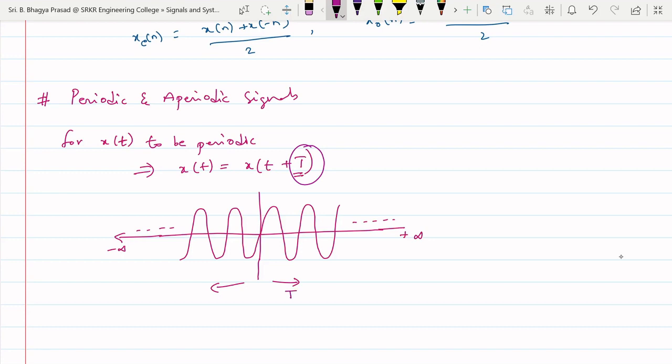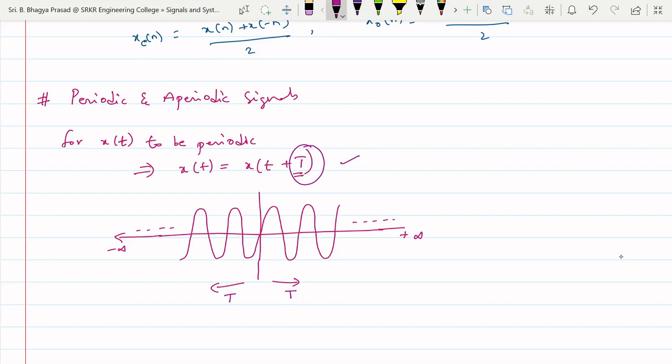That is, if you shift the signal right by the time T or left by the time T, and the shifted signal, x of t plus T, is equal to x of t, then the signal is periodic. It indicates that the structure will be the same if it is shifted by a time T.